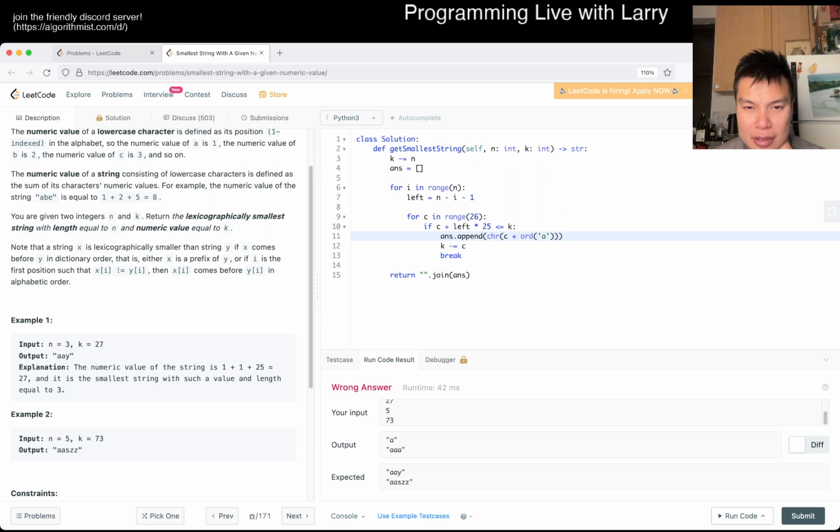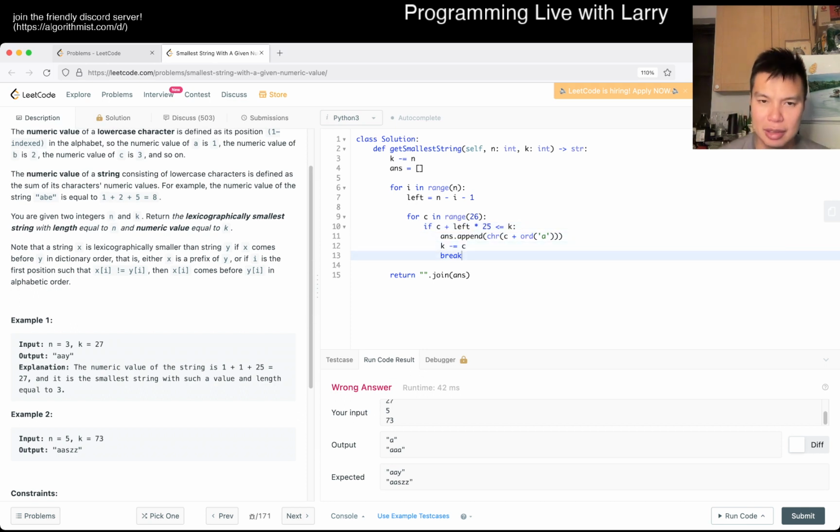I think this is mostly good unless I'm missing something. Oh man, wow. Okay, so now in the debugging phase, not quite sure why this is. Hmm.